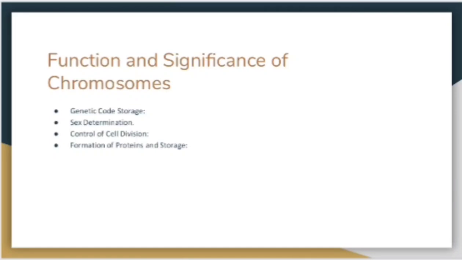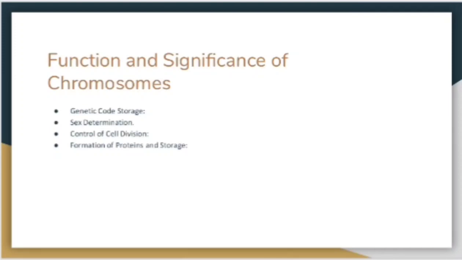The sex of the child is determined by the chromosome passed down by the male. If an X chromosome is passed out of the XY chromosomes, the child will be a female, and if a Y chromosome is passed, a male child develops.